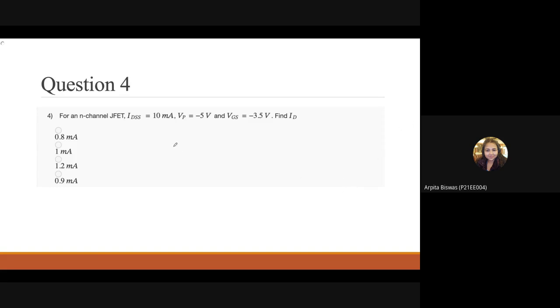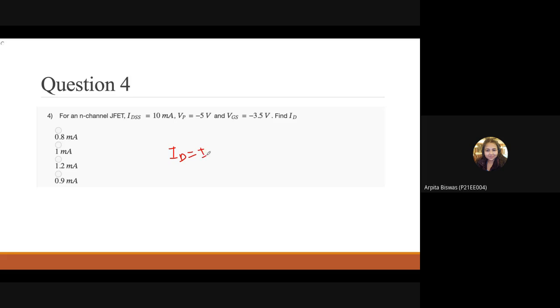See the ID value. Now tell me how to calculate this ID. What is the equation? ID is equal to IDSS multiplied by (1 minus VGS by VP) the whole square. Yes.